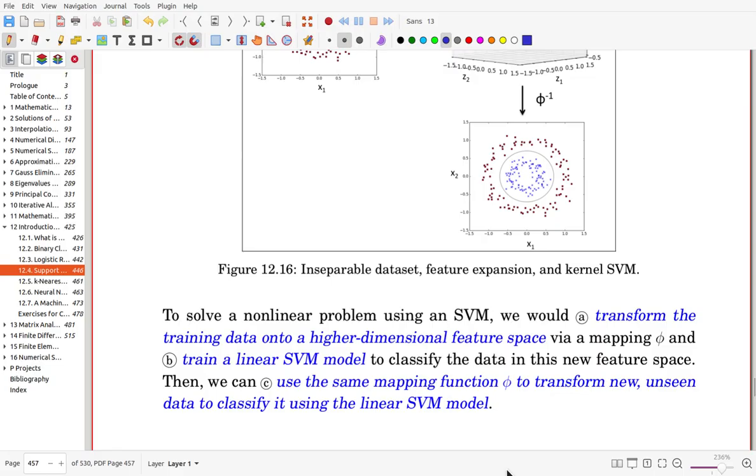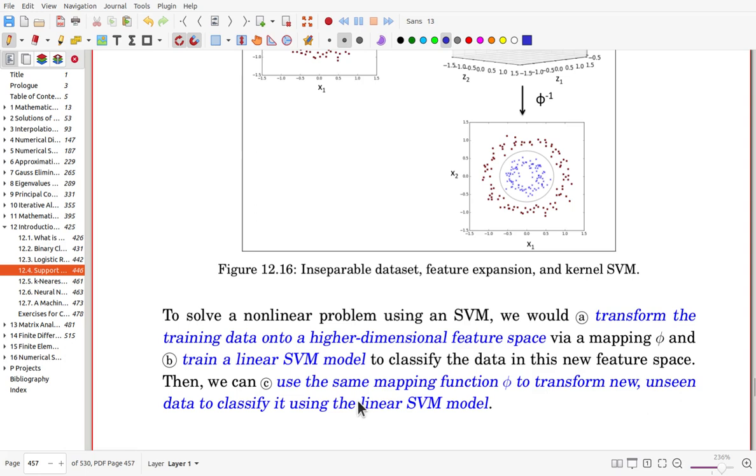Okay, here we have a little bit of expression. First we transform the data points onto a higher dimensional feature space by using a mapping phi, and train a linear support vector machine model to classify the data in this new feature space.